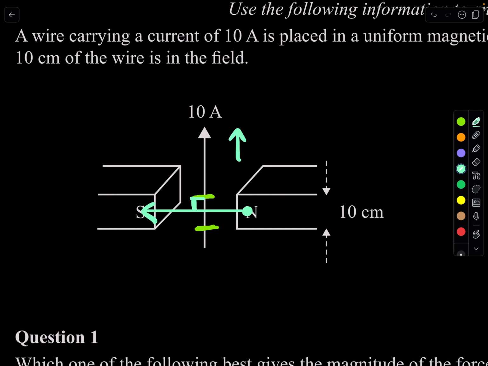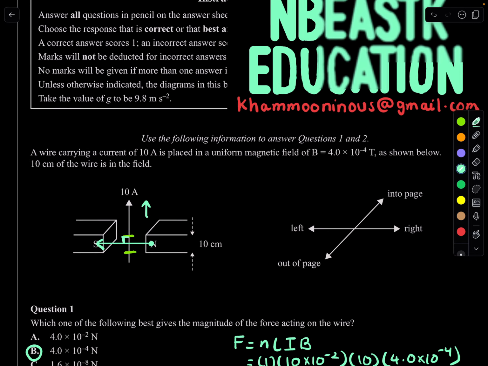Your fingers are going to be in the direction of the magnetic field, which goes from north to south. From my hand, I can see that the palm of my hand is going towards me, so out of the page. Easy. Done.